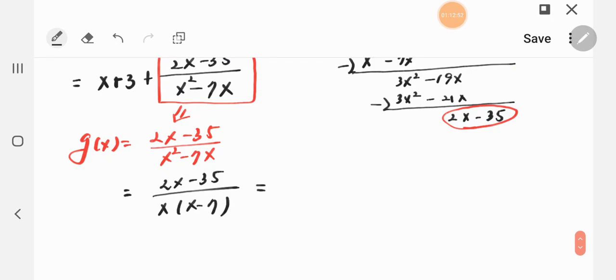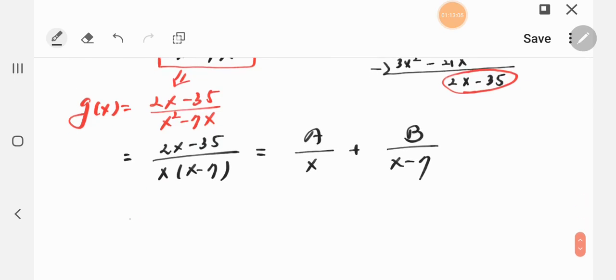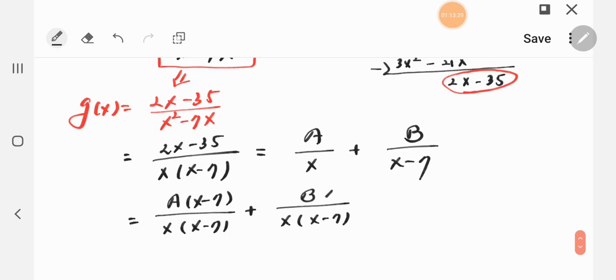So we can separate this into x and x minus 7. Since the factor in the denominator is linear, the numerator is constant, so a and b. Then this indicates that the LCD is x times x minus 7, so multiply a by x minus 7. And the second fraction is multiply b by x.